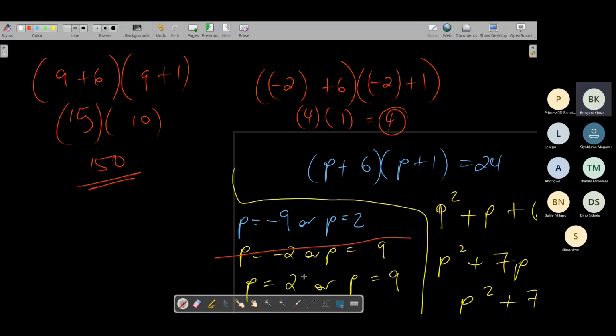If you will try it with +2, this would be 8, and this would be 3. So for +2, I think it works. Yeah. So we get 24. If you're using +9, you will get the 150 over here. So those two answers are not correct.